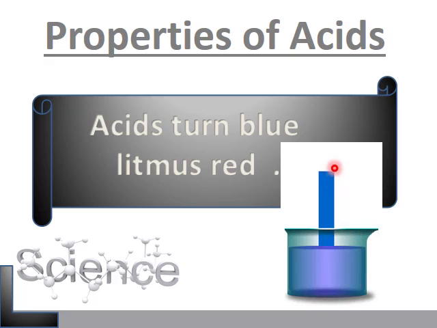The paper was blue, and when I dipped it in the solution, it became red. So it is a property of acid that it turns blue litmus red. Litmus paper is a special kind of paper to check whether the solution is acid or alkali. So for the property of acid, you will remember that when you dip the blue litmus paper into the solution, it turns red.